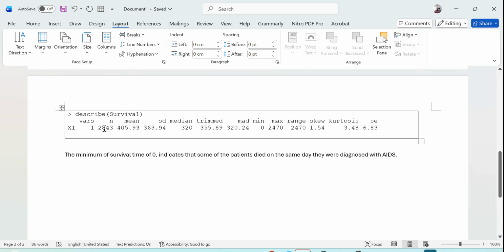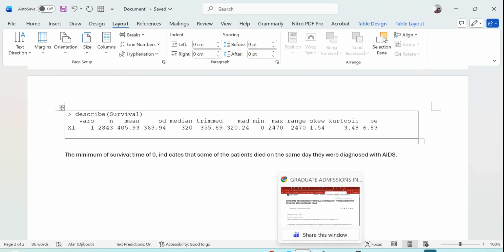The average value is 405. The median is 320. What does that tell you? The average survival is approximately 406 days. The median is 320 days. So what does this tell you about the data?